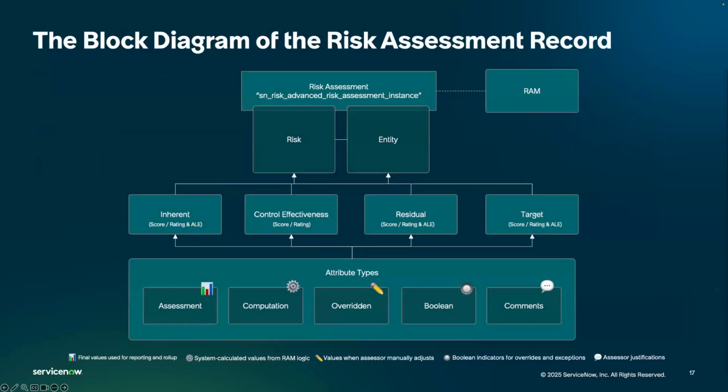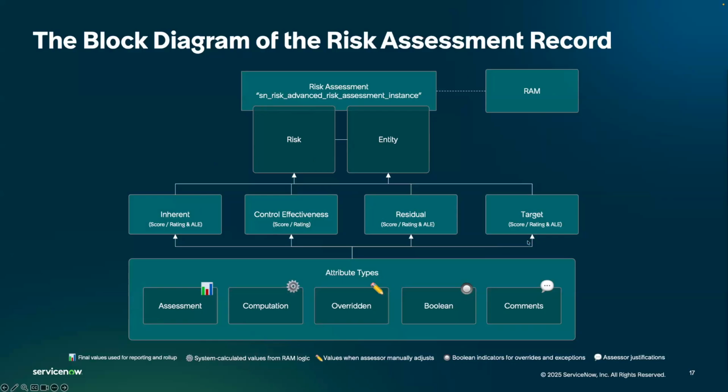All right, let me walk you through the anatomy of a risk record. We'll start at the center, the core. Every assessment anchors to three things: the risk being evaluated, the entity being assessed, and the RAM driving the calculations. This is your foundation.